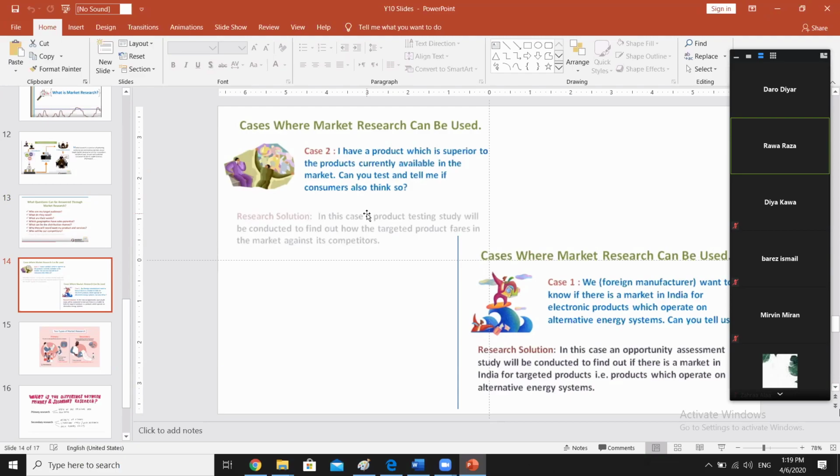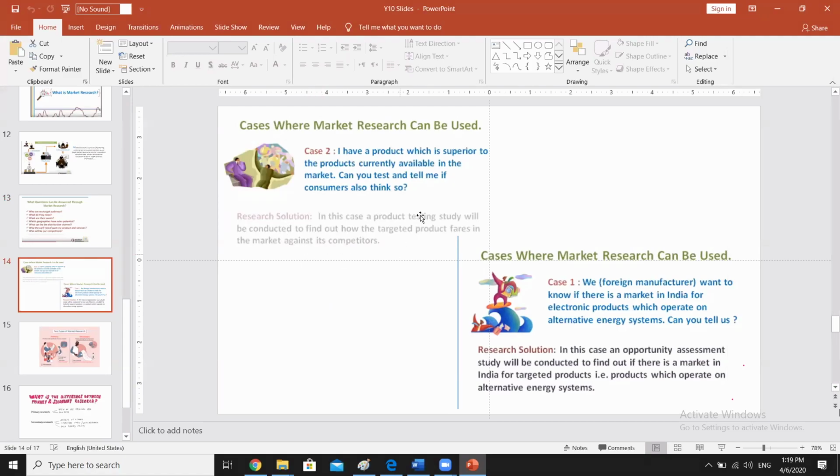Can you test and tell me if customers also think so? So the market research solution is that they take the product and give it to people as part of a research. Maybe they're paid, maybe they're part of the research voluntarily, and you tell them to test the product and see if they like it. Okay, that's one way you answer the question.